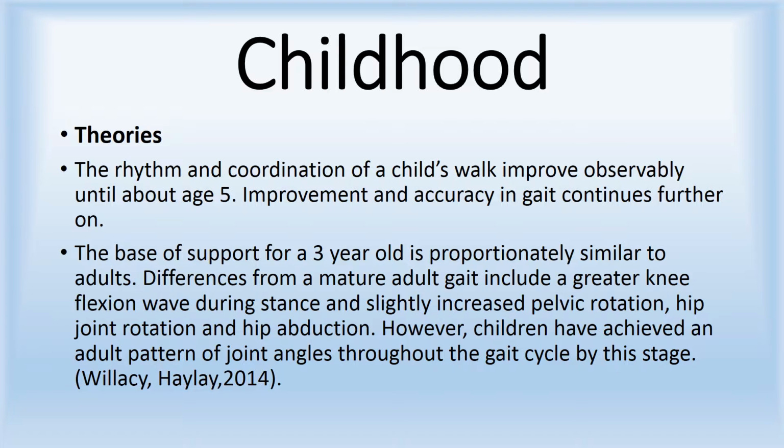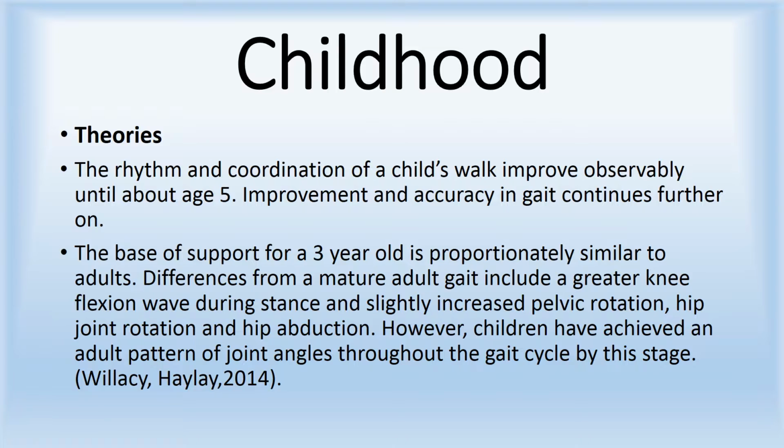During childhood, the rhythm and coordination of a child's walk improves observably until about age 5. Thereafter, improvements in accuracy and gait continue on. The base of support for a 3-year-old is proportionally similar to an adult.